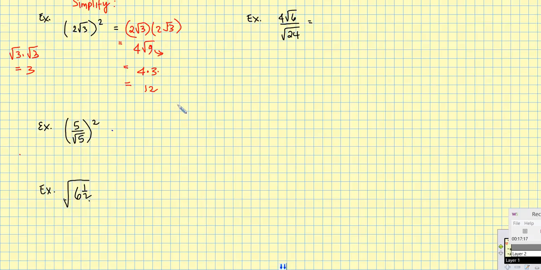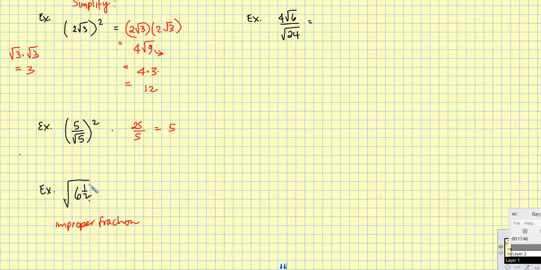If I do the next example, 5 over root 5 all squared, that means I square the top. 5 squared is 25. Root 5 squared is just 5, and 25 divided by 5 is 5. If I want to do 6 1/2 under the square root, first I have to change it into an improper fraction, which is done by multiplying the whole number 6 times the denominator 2, so that's 12, and then adding the numerator 1 to it.